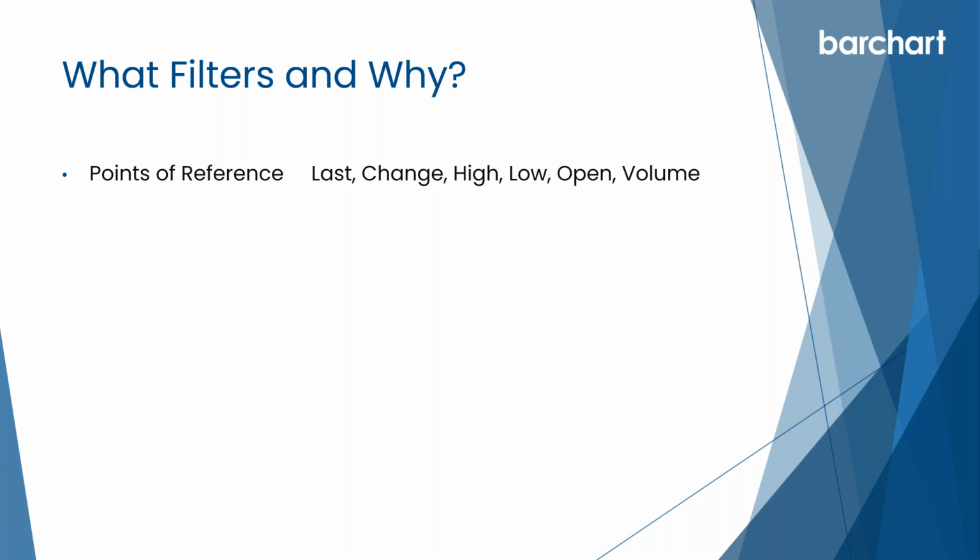Again, there are a lot of points of reference, and it depends on the trader and the things that you are interested in. But just some simple stuff here. Last price. As we become more experienced, as we are watching the same markets over and over again, you're going to remember levels of support and resistance. You're going to remember levels where the market reacted to a certain price.